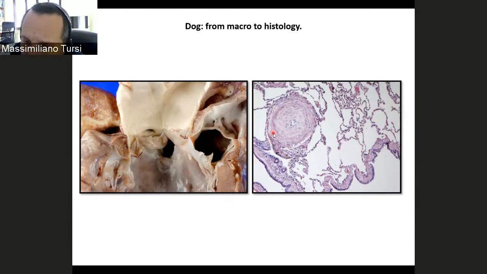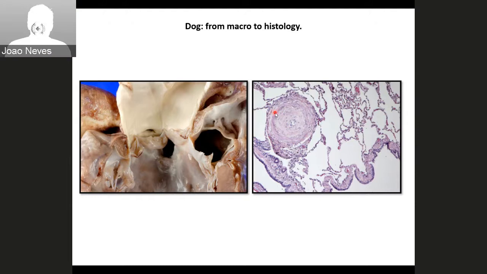For some pathologies it could be just intimal, medial, not so much. So that's it for you. If you say medial and intima, that's fine. Okay, thank you.